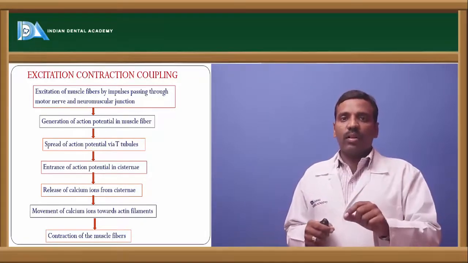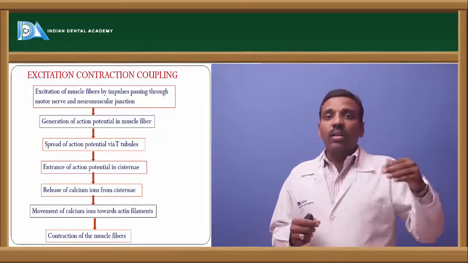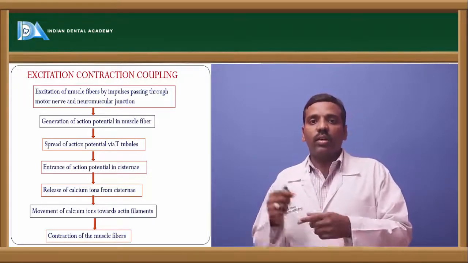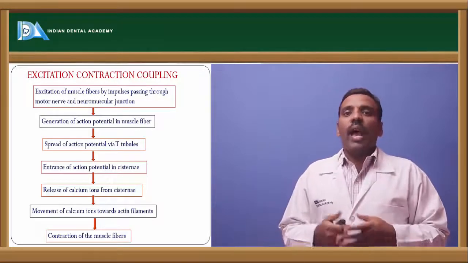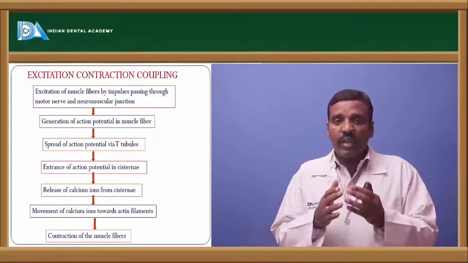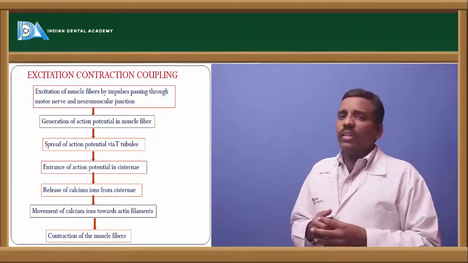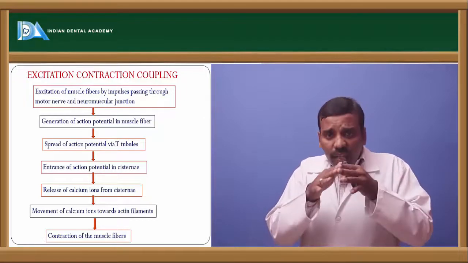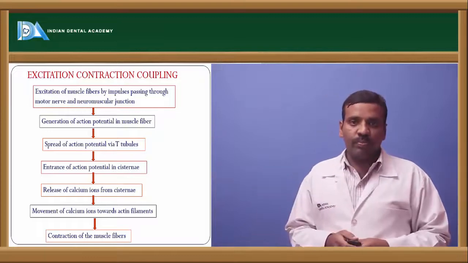When we apply the stimulus, immediately there is excitability in the muscle fiber after the impulses pass through the nerve fiber into the muscle fiber. After that, there is generation of the action potential in the muscle fiber, and it spreads all over the muscle fiber via the T tubules.